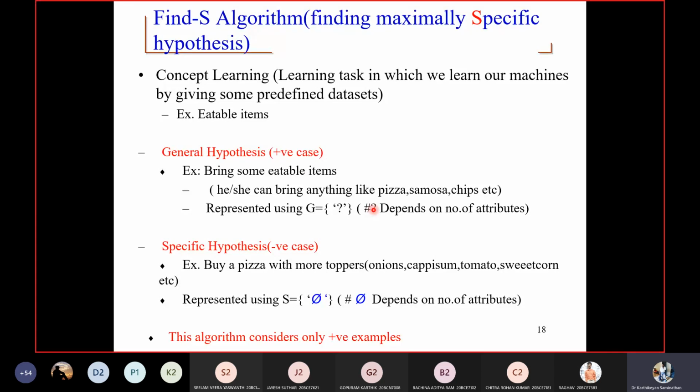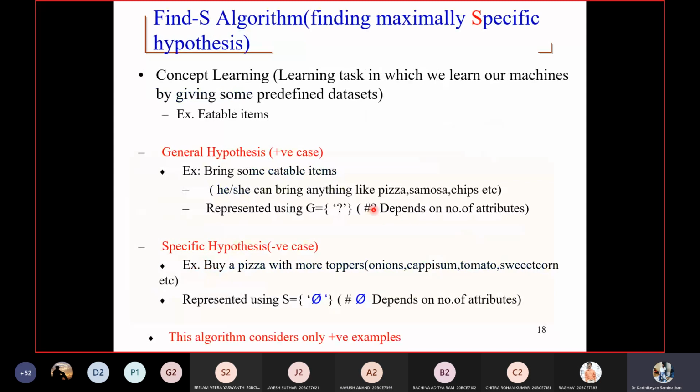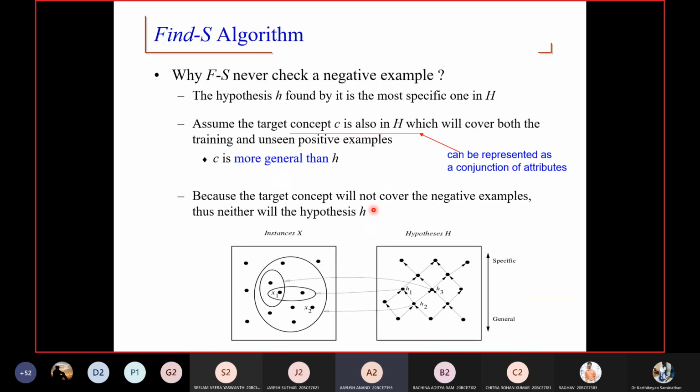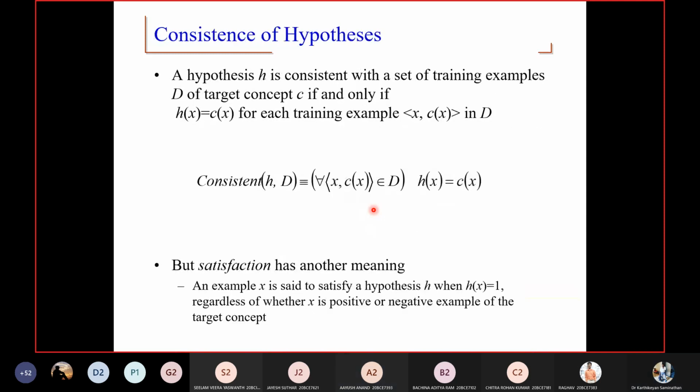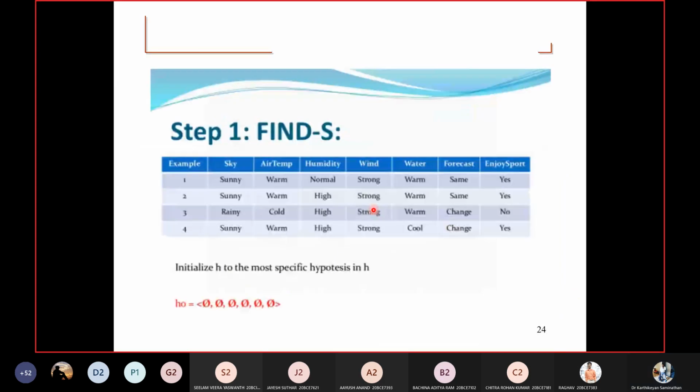So now I'll take you to the hypothesis that will be used in this. Only the general hypothesis will be used in this algorithm? No, here only the specific hypothesis is used. We are not talking about the general hypothesis. No, sir, you told us you will be taking only positive cases. Right, so I'll show you. This is the algorithm I kept.